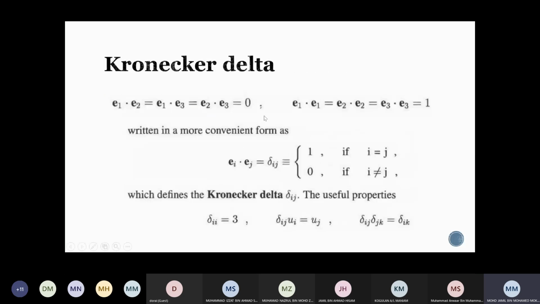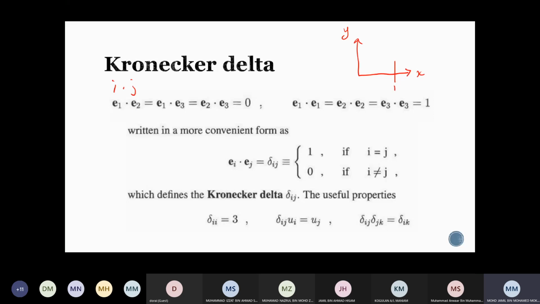Okay, so we have another term, new to you. We call it Kronecker delta. So what is Kronecker delta? So let's say we have a vector E1 or i lah. Okay, so this is i dot with j. So we know that let's say this is the X direction and this is the Y direction.